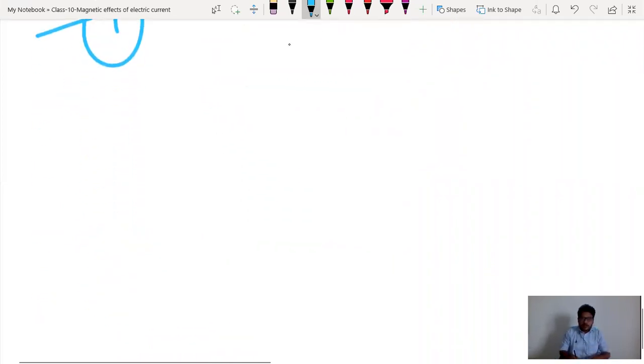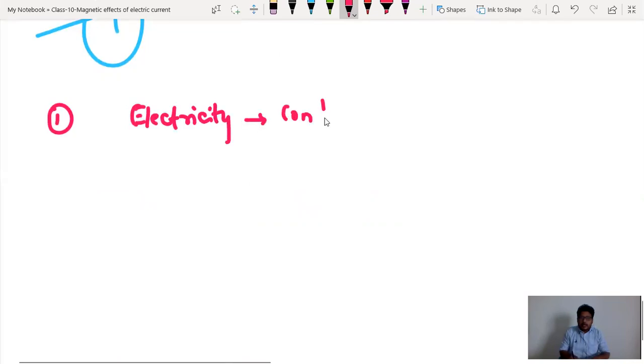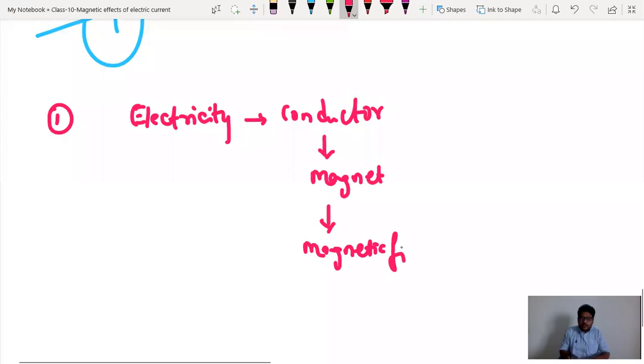So what is the first concept? Whenever you pass electricity through a conductor, that conductor behaves like a magnet and a magnetic field is produced.